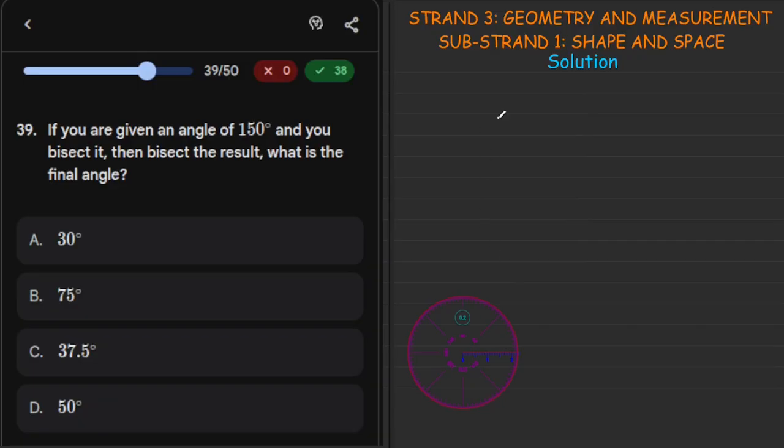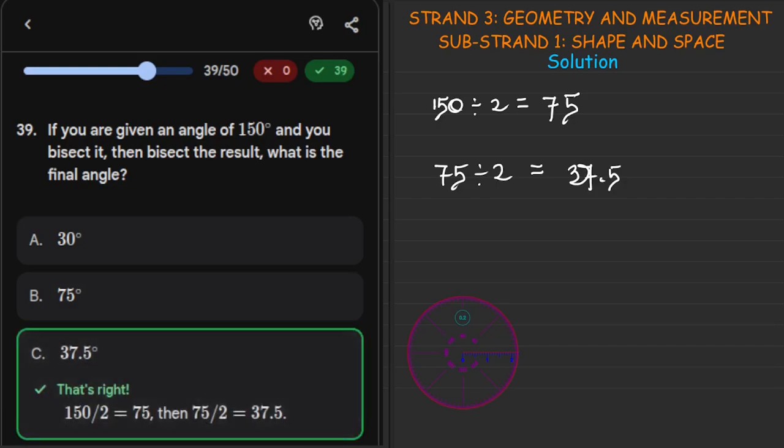Bisecting 150 simply means 150 divided by 2. When we divide 150 by 2, we get 75. Now 75 divided by 2 as well, we are going to get 37.5. And that is what? C.